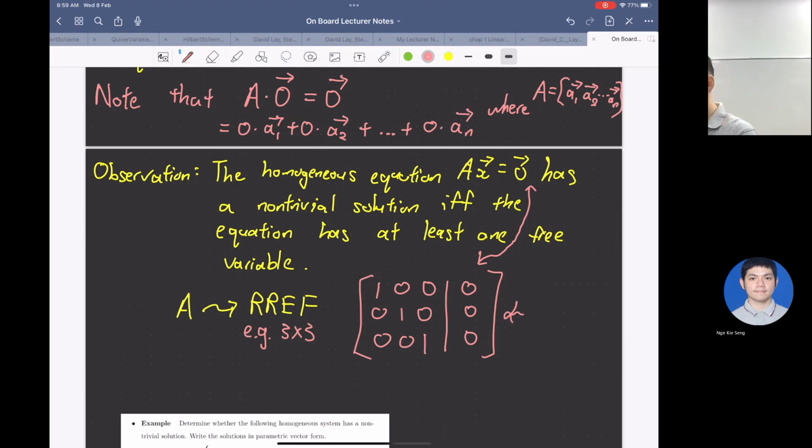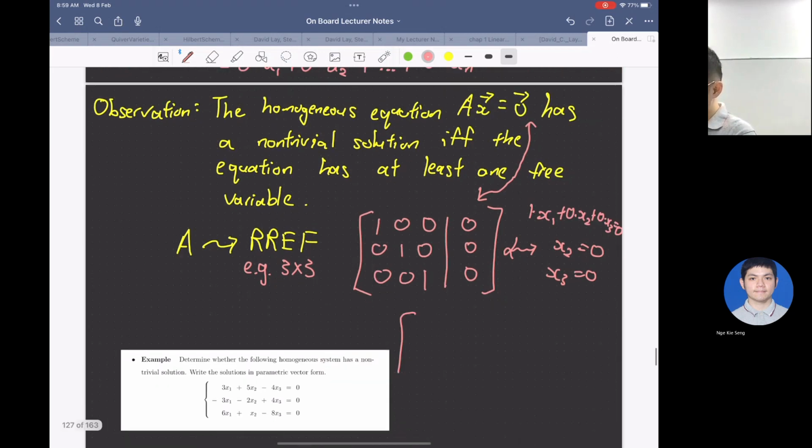Remember how to get this solution: x1 plus 0 times x2 plus 0 times x3 equals 0. For an augmented matrix, you go to the linear system of equations. So you only get one solution.